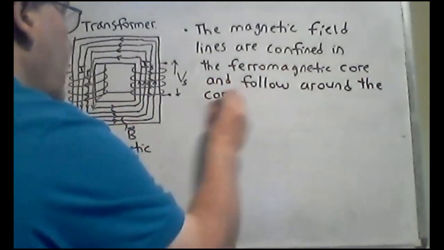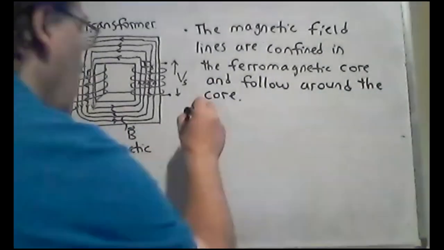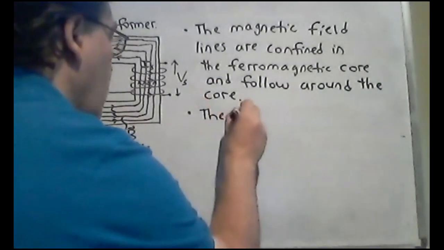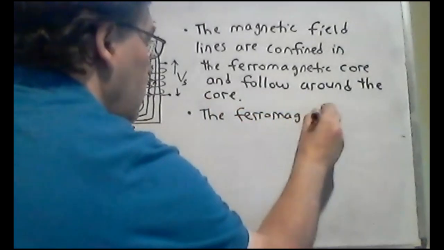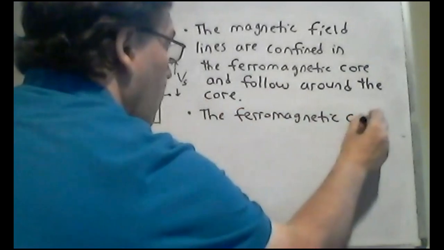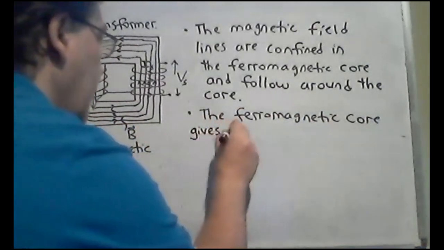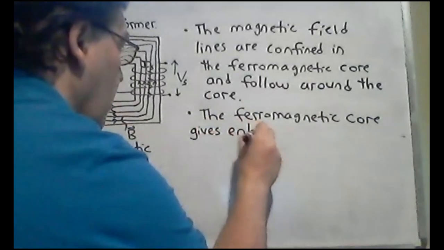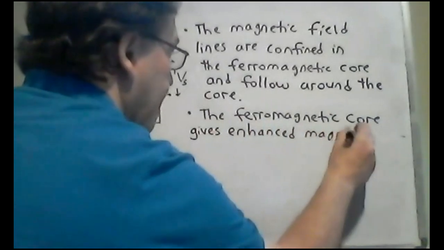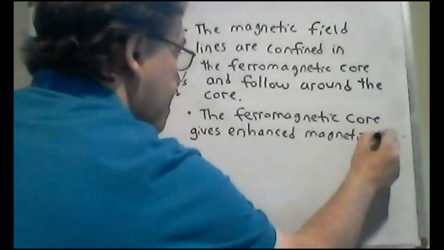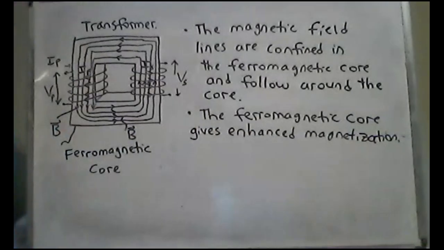You get an additional benefit. The ferromagnetic core itself gives enhanced magnetization. So it gives an additional benefit because it is a ferromagnetic core.